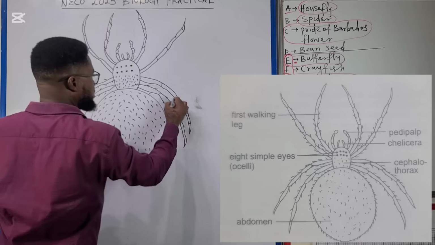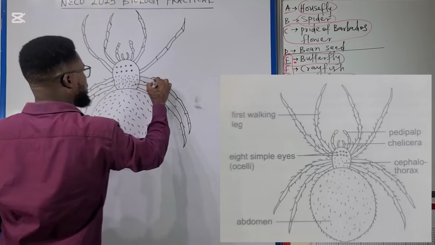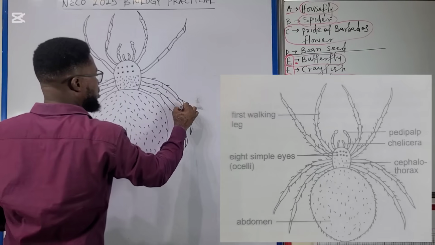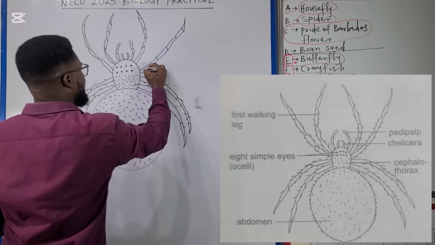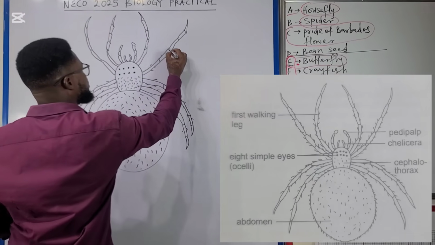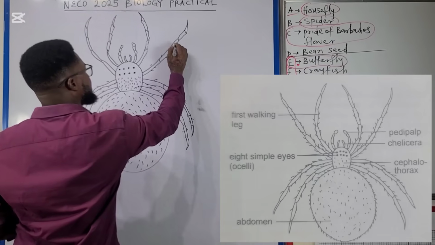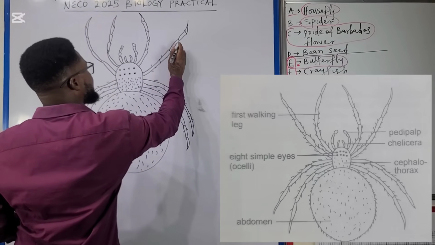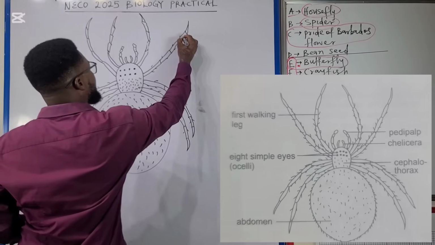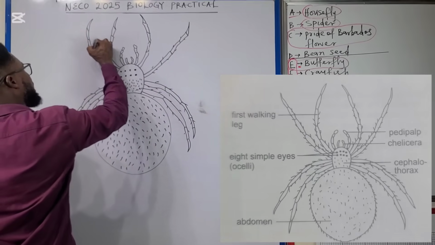That's just about it. So imagine we were told that with the aid of our hand lens in the course of this exam, using our hand lens, we should observe the spider and then draw. What are we going to do?